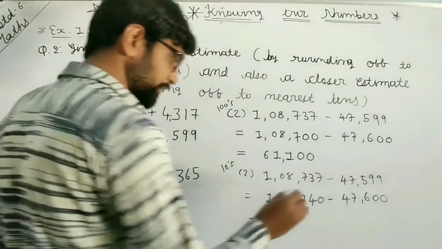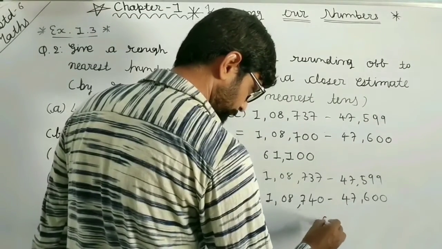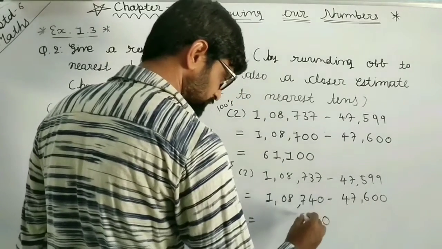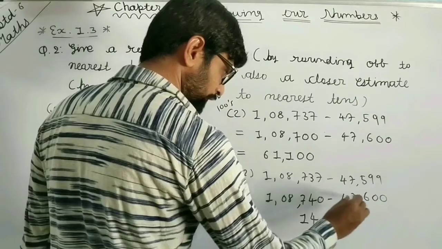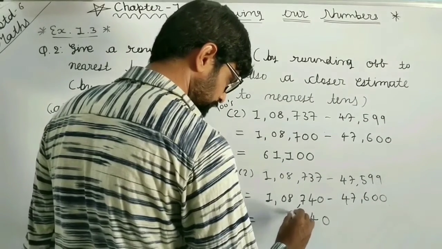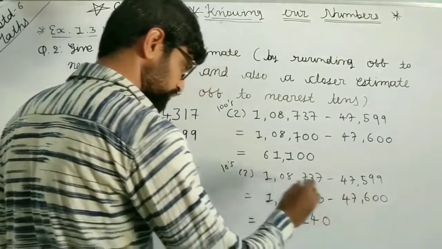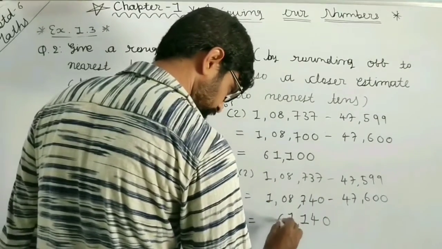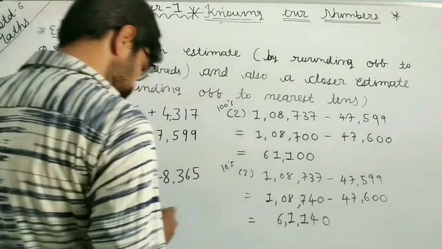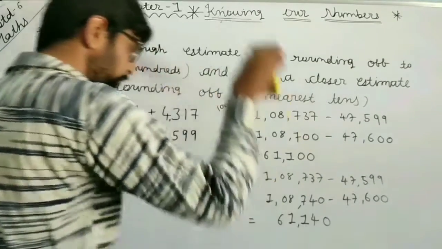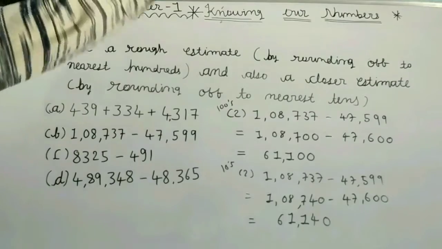Now subtract the number. 0 minus 0, 4 minus 0, 4, 7 minus 6, 1, 8 minus 7, 1, 0 minus 4 is not possible, obviously 6. Here your answer will be 61,140. Is that clear to everyone?